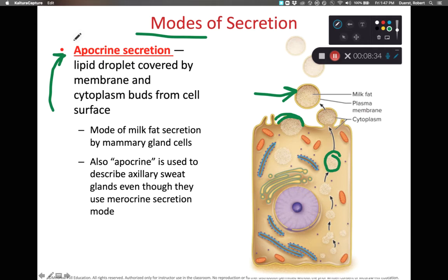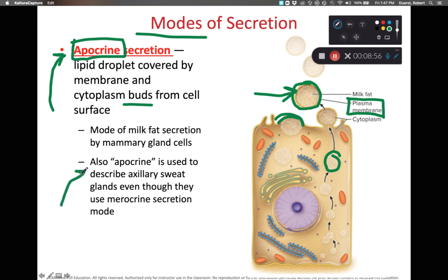So when we think of apocrine secretion, I want you to think of budding from the cell surface. As we look at this budding, it's worth emphasizing that the cell loses phospholipids every time it makes an apocrine secretion because the cell loses some of its plasma membrane.